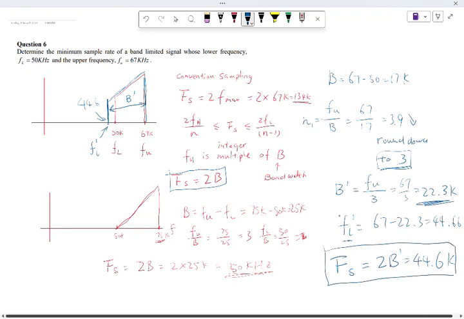You can see 44.6K is much better than the 134K you get with the conventional sampling theorem. All right, that's all for this question.